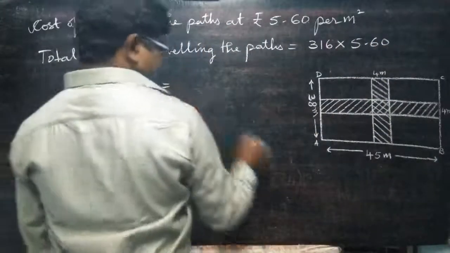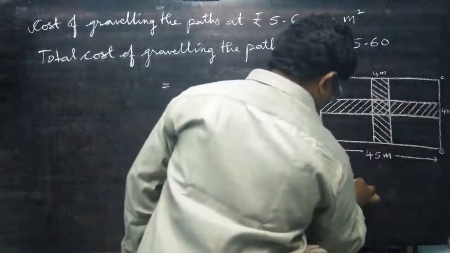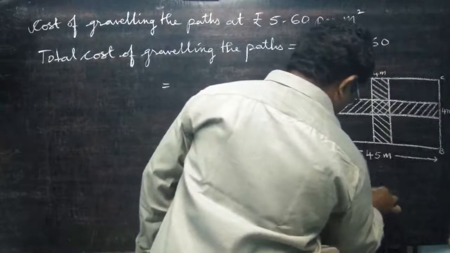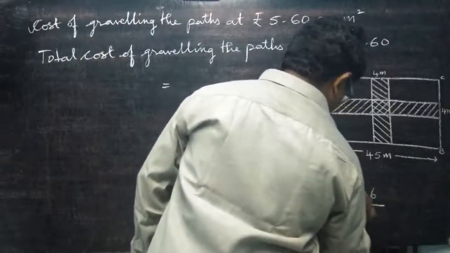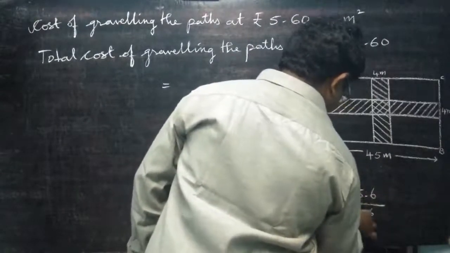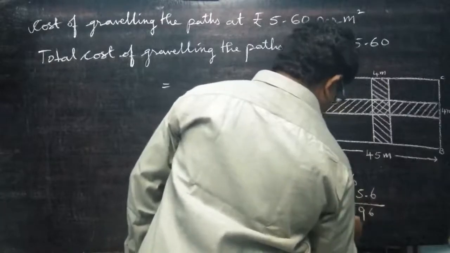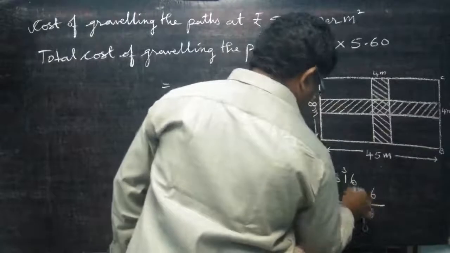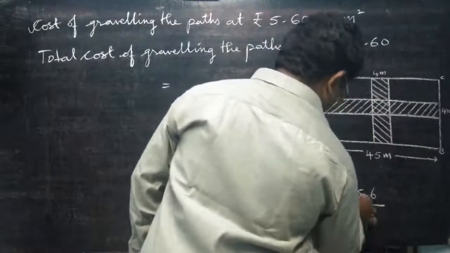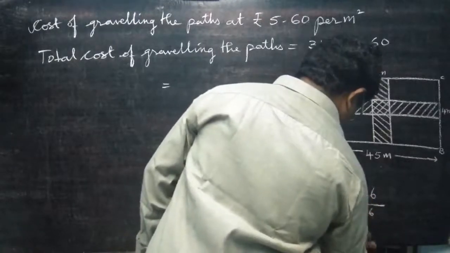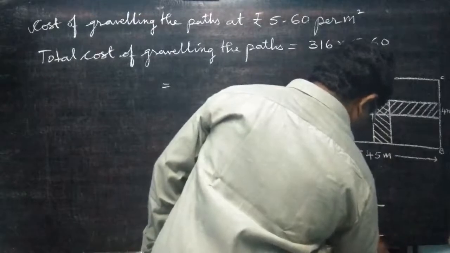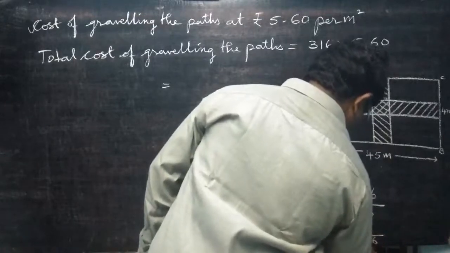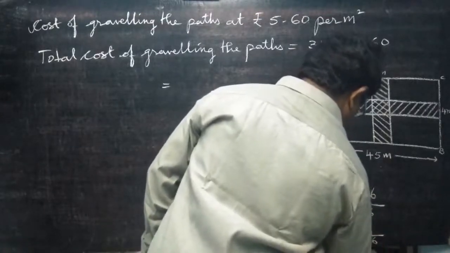That is equal to multiply 316 into 5.6. 6 6s are 36. 6 here 9. 18. 30. 0 3. 8. 15. Now add 6, 9, 16, 7, 1.